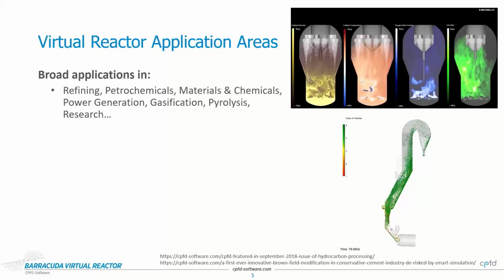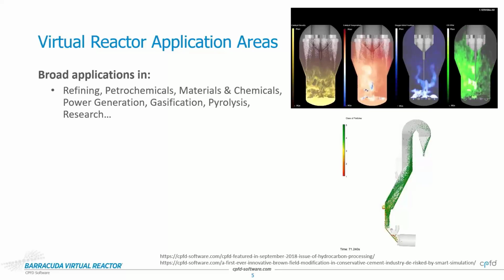Similarly, in the bottom right, this is a cement calciner, and what a lot of people don't realize is that something like 8% of the world's CO2 emissions come from the cement calcination process. Now, we need cement. The way to decarbonize this is to substitute fossil fuels, such as coal, for alternative fuels for carbon reduction.